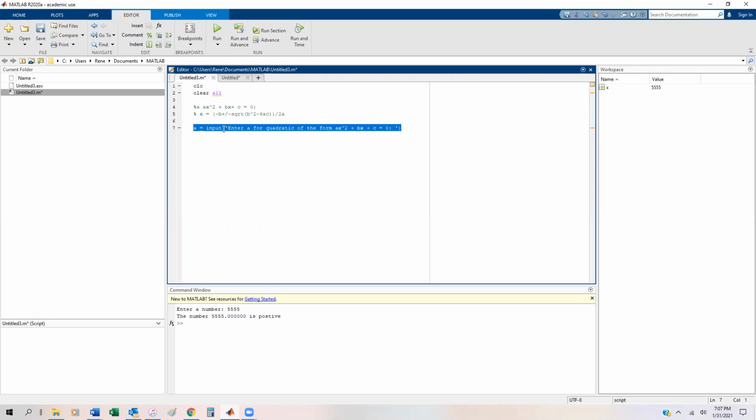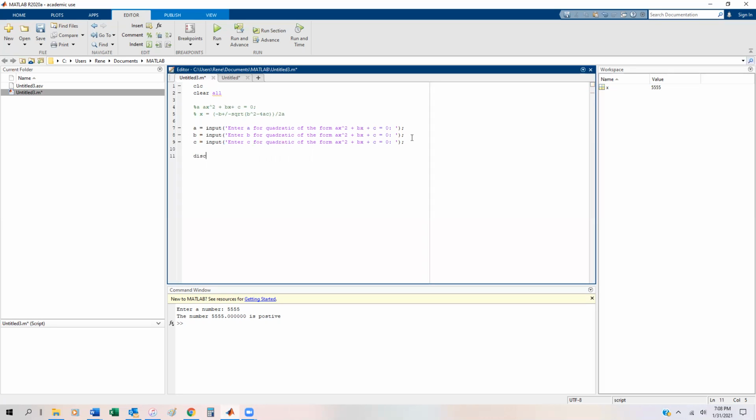And we're just going to do that a few times. So let's call this b, and let's call this c, and we'll just change these to b and c. All right, and I'll put some semicolons after here so that way there's no echo printing.